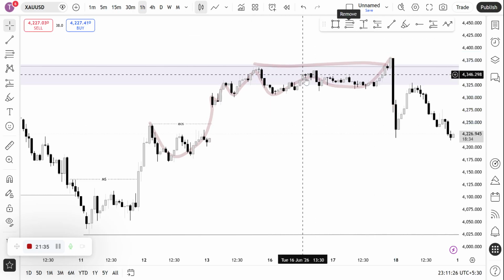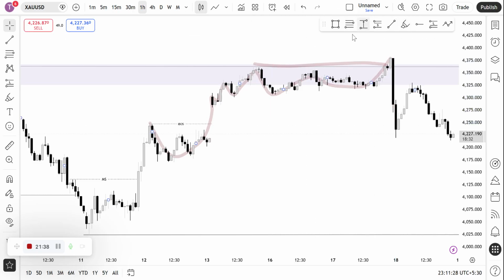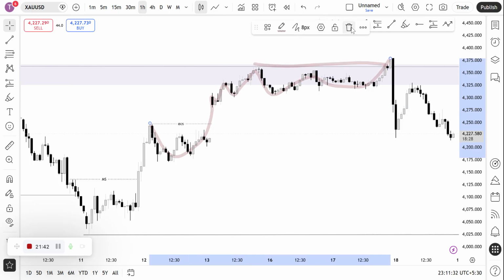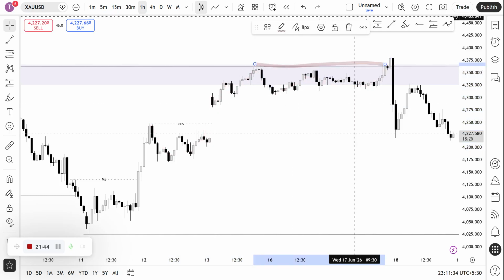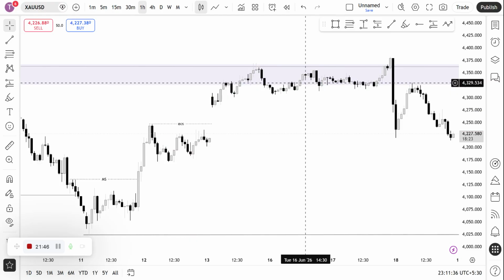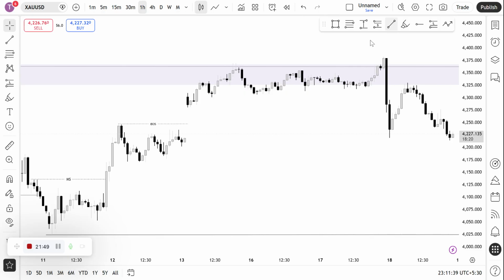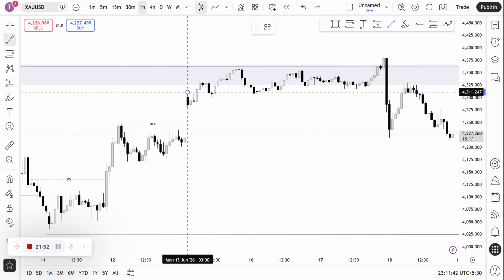Simple like that. So let's mark it again. We are going to mark this in a simple manner so that the one guy who is new in the market will understand very clearly.